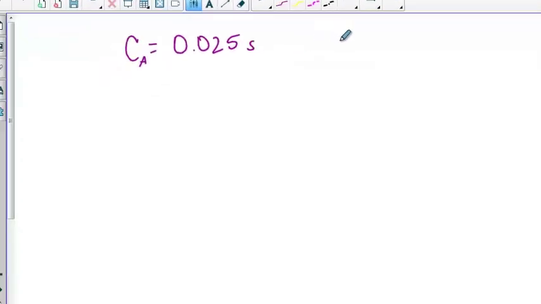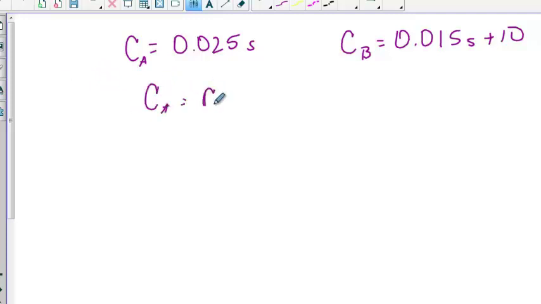Okay, and the cost of company B was 0.015 S plus 10. If I want to know where they cost the same, what do I want to do? Set them equal. Company A equals company B. So I have 0.025 S equals 0.015 S plus 10. What should I do?